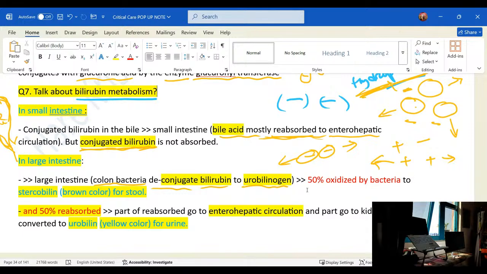In the liver, they are reabsorbed into enterohepatic circulation. When going through the portal vein into the liver, they are reabsorbed into enterohepatic circulation. And reabsorbed means ultimately it goes into the systemic circulation, and from there to the kidney. How can they go to the kidney?